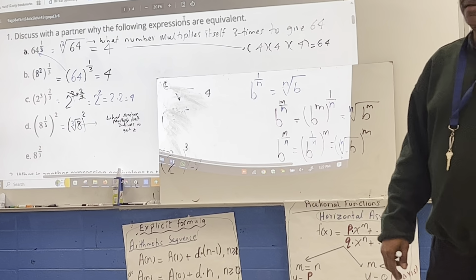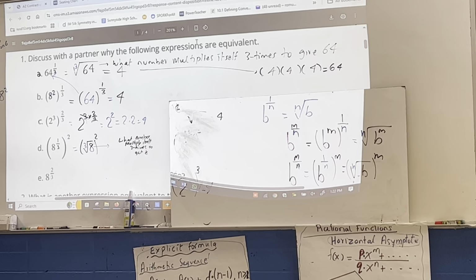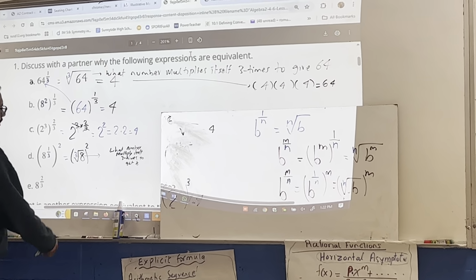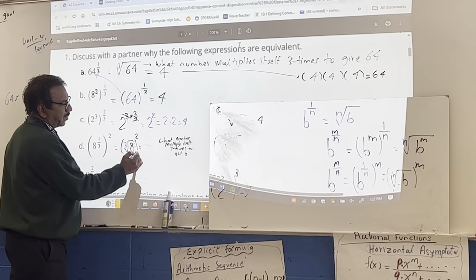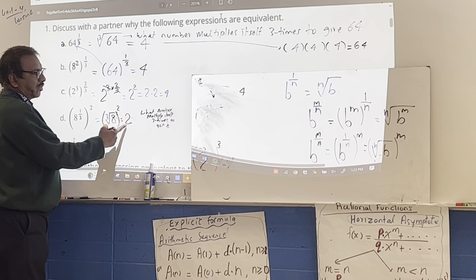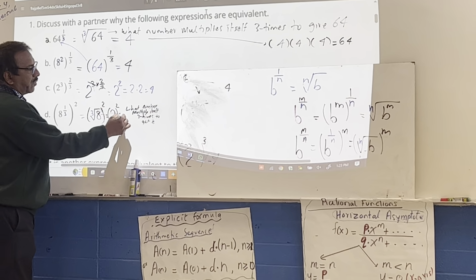You all know the answer, right? Is it 1, 1, 1 that gives you 8? Or 2, 2, 2 that gives you 8? So in the parenthesis the answer is 2, because 2 times 2 times 2 is 8. And then this is raised to 2 and you get 4. Correct?